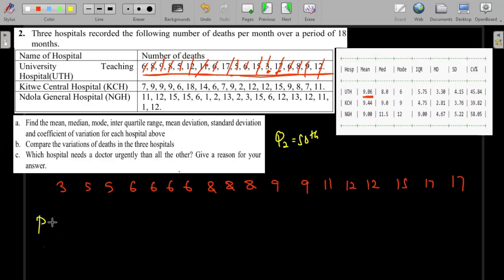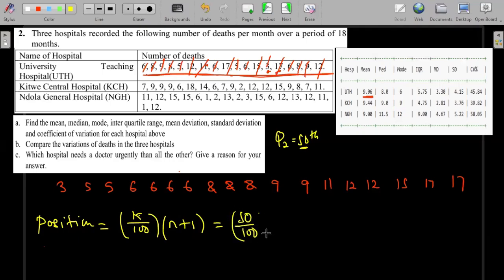So the position of a certain percentile is equal to K over 100 multiplied by N plus 1. So this K is the percentile that you want to find, which is the 50th percentile, this one. So I'll say this is equal to 50 over 100, and then 18 plus 1.